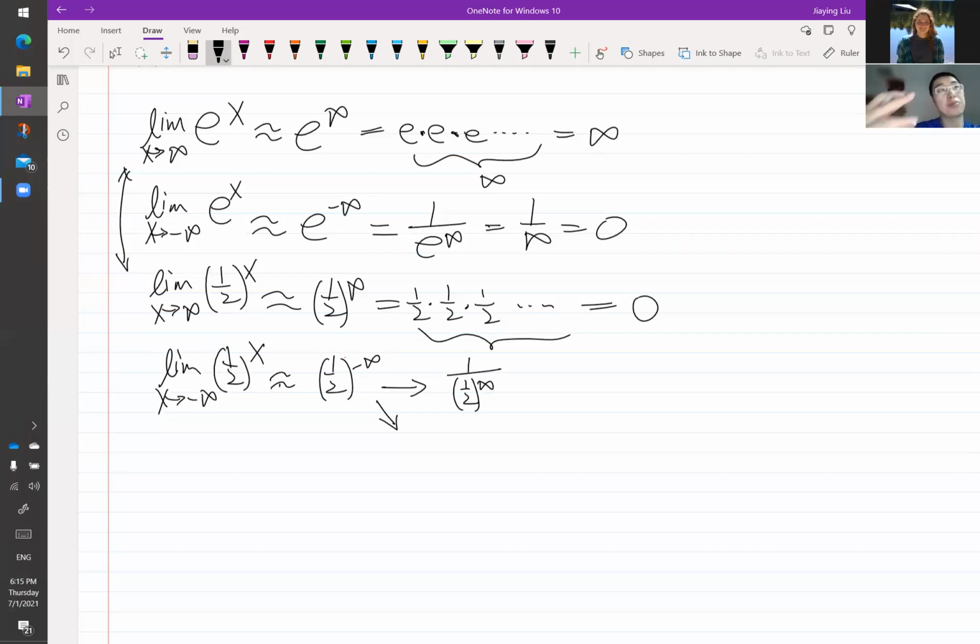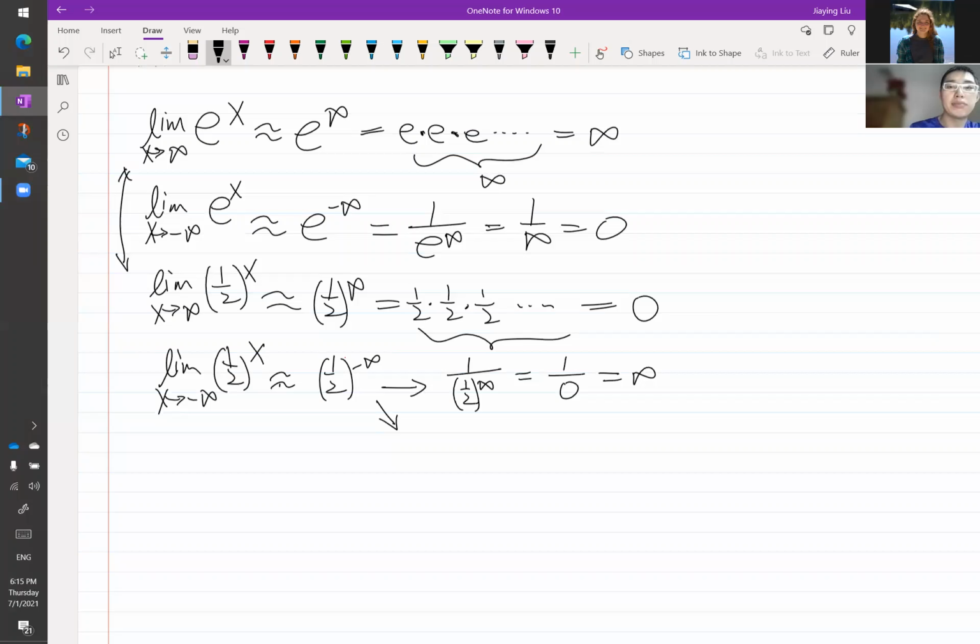If I drop the negative exponent, that becomes 1 over, from the previous example, 1/2 to the infinity is 0. So that's about 1 over 0, right? If 1 is divided by something really, really small, it gives you a number that's really big. So that's approaching infinity.